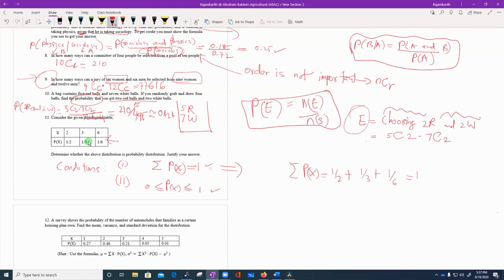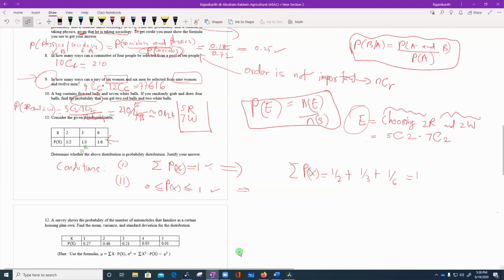Well, now move to the second condition. Now check individual probabilities. 0.5, that is less than 1. 1/3 is approximately 0.33. Yes, that's also less than 1. 1/6 should be something like 0.17. So that is also less than 1, right? Therefore, all the probability values are between 0 to 1.